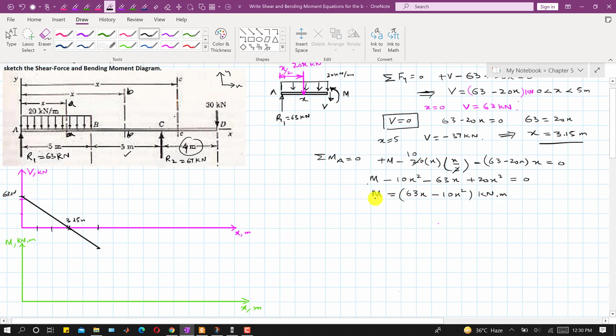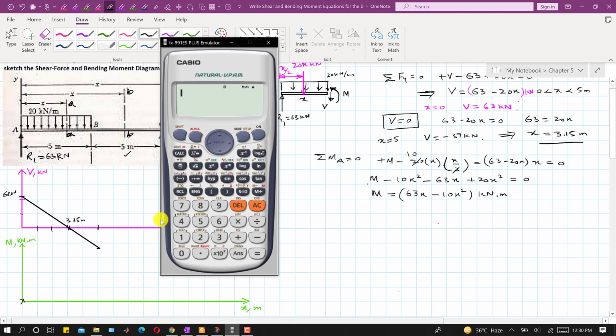So this means that at x equal to 0, the moment is 0, right? And similarly, if I put 3.15 at which the shear force is 0, this will be 63 into 3.15 minus 10 into 3.15 square.